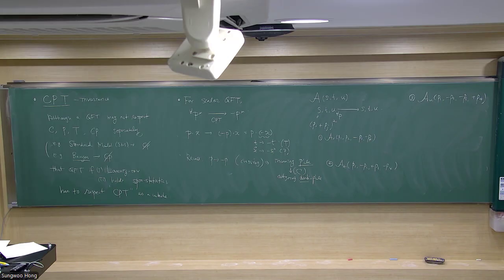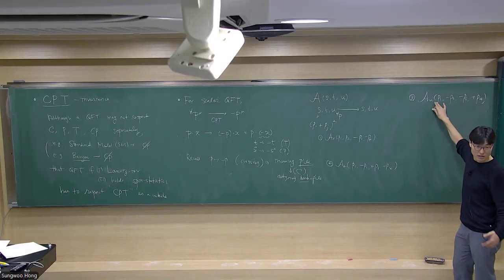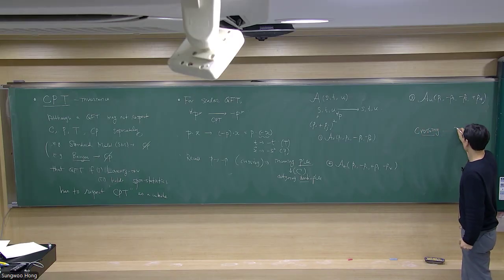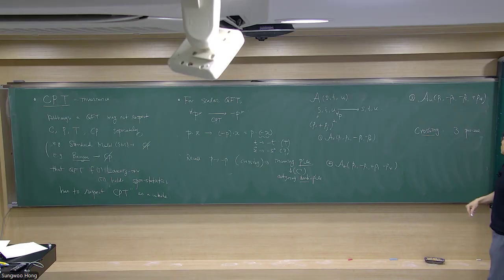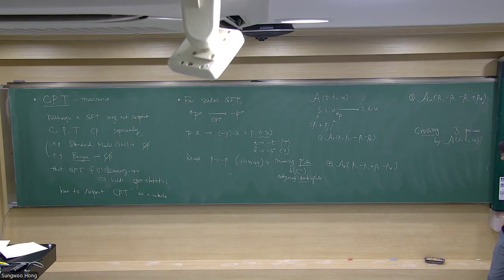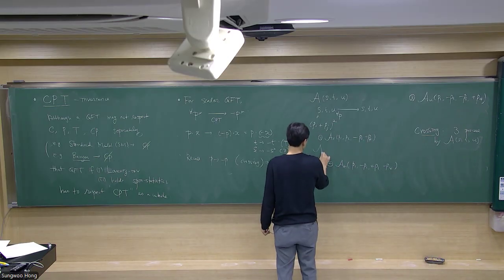So recall, crossing said that with a single meromorphic function you can describe all these different processes. That was the crossing. So crossing says that three processes can be described by a single amplitude. Now let's talk about CPT.